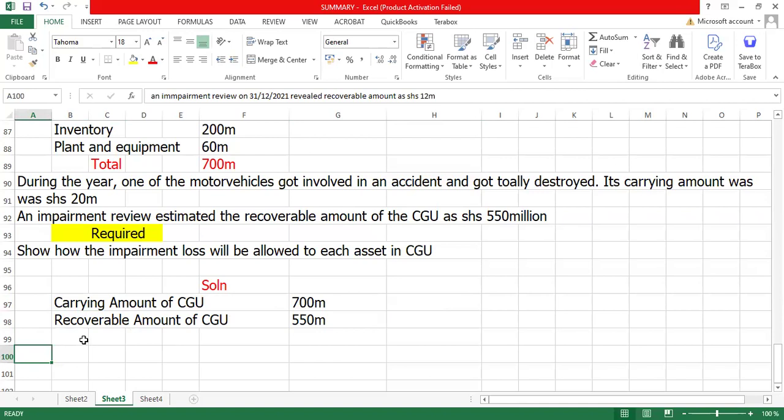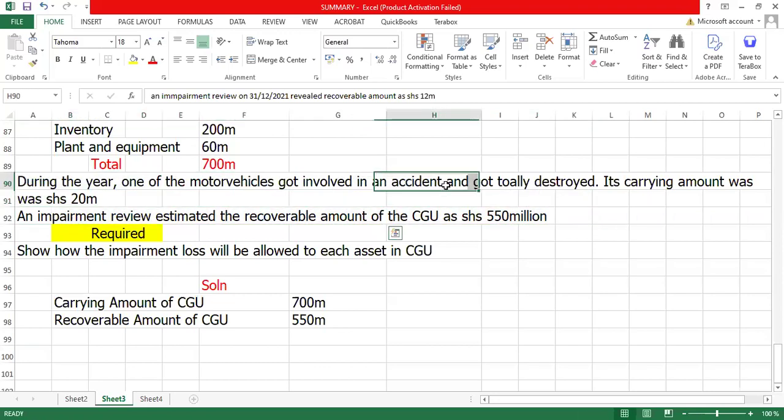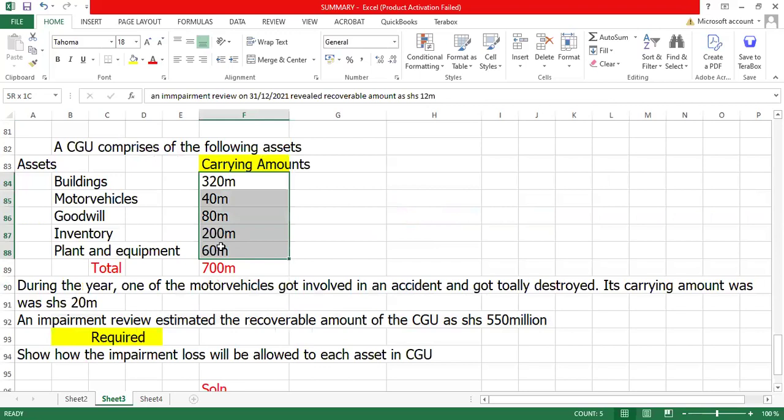Abel: 520? Oh, I have wrong figures. The carrying amount for the CGU, let's scroll back up. 320 plus 40 plus 80 plus 200 plus 60. 80 plus 20 is 100, 40 plus.